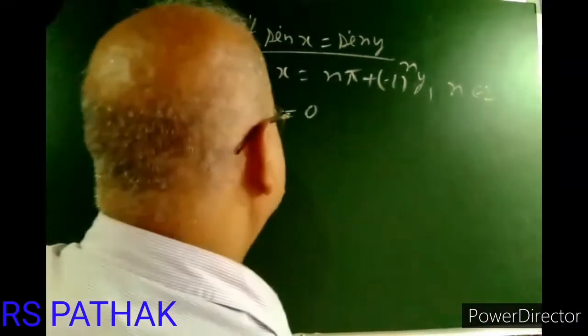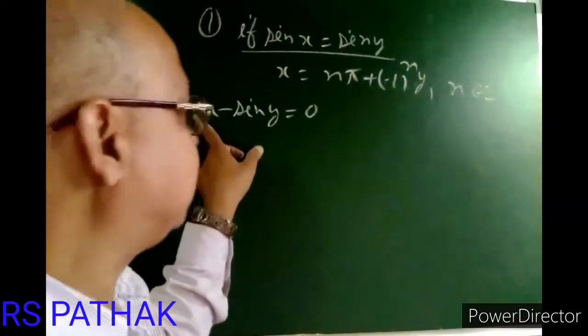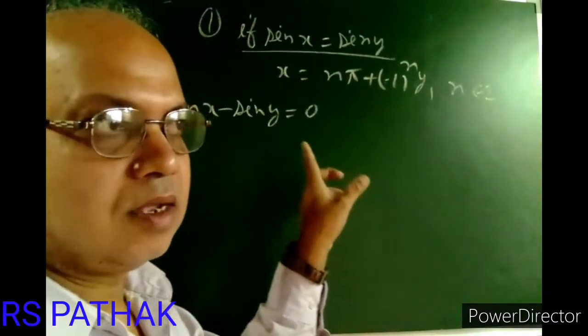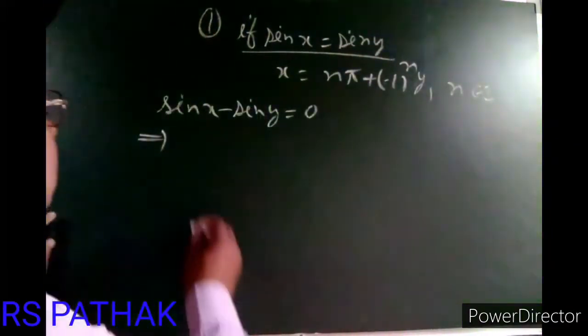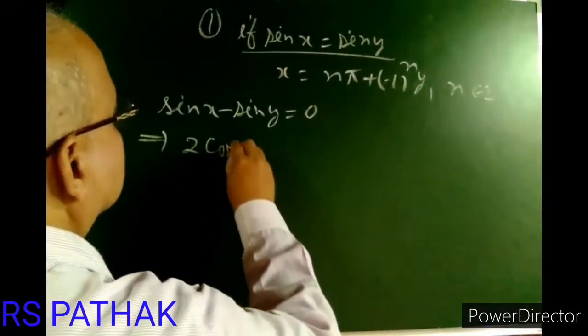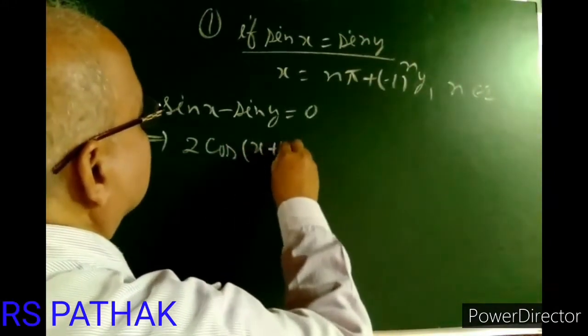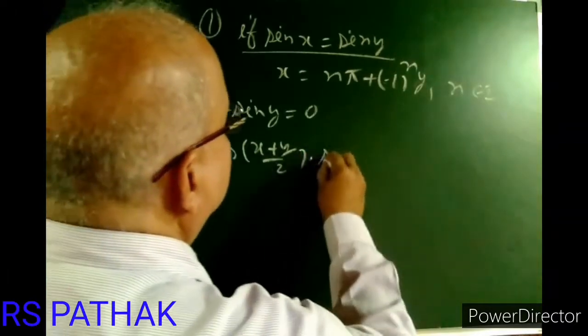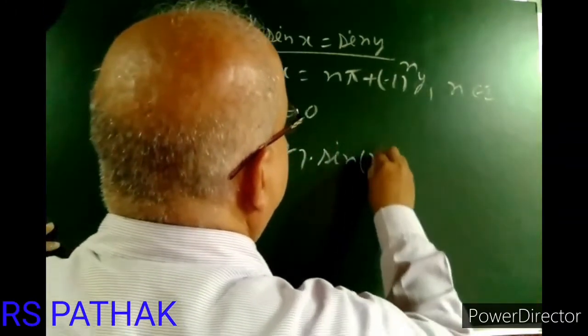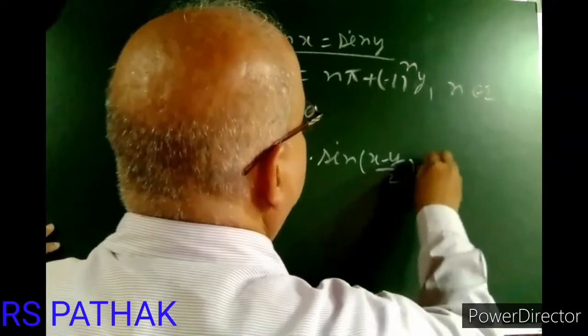I am applying the formula of sin C minus sin D: 2 cos of x plus y upon 2 into sin of x minus y upon 2 equal to 0.